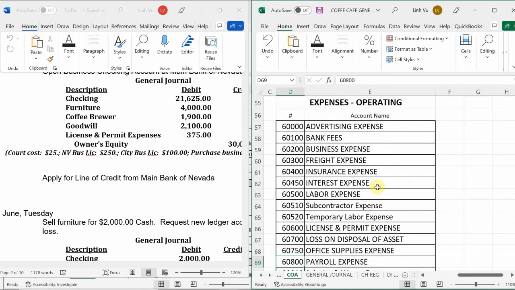Do I have any account that relates to a loss? Is it loss on disposal of asset? That is correct, which is account number 6700. All right, so let's journalize this transaction.